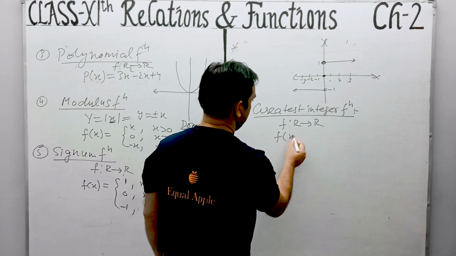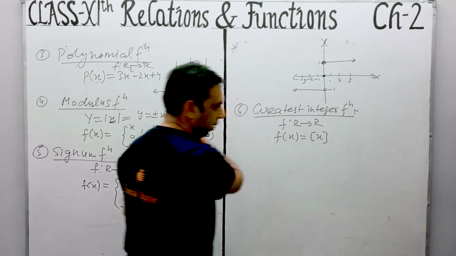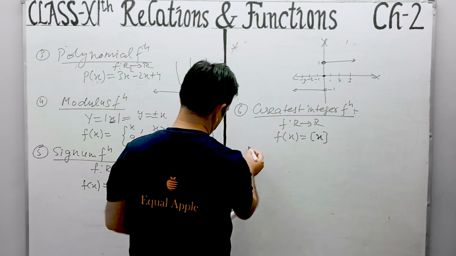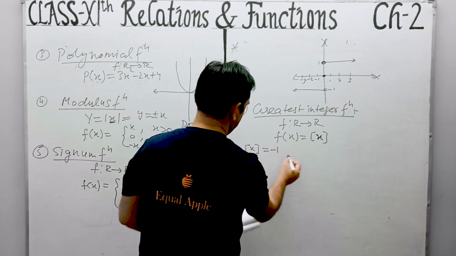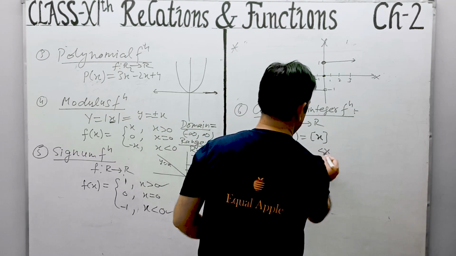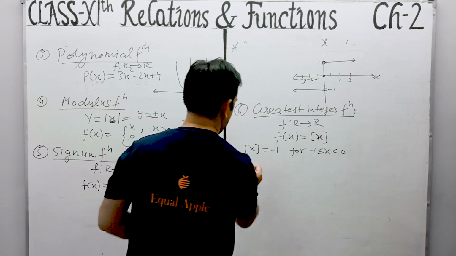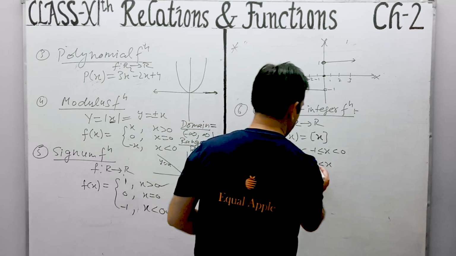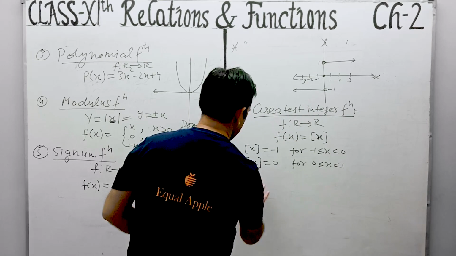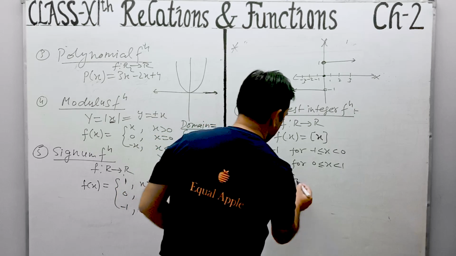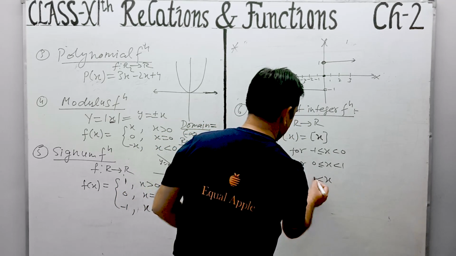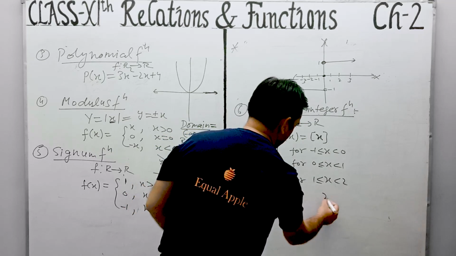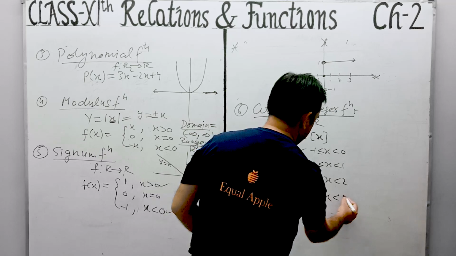We have the function f(x) = [x], where the closed bracket denotes the greatest integer. Its values are: -1 for x greater than or equal to -1 but less than 0, 0 for x greater than or equal to 0 but less than 1, 1 for x greater than or equal to 1 but less than 2, and 2 for x greater than or equal to 2 but less than 3.